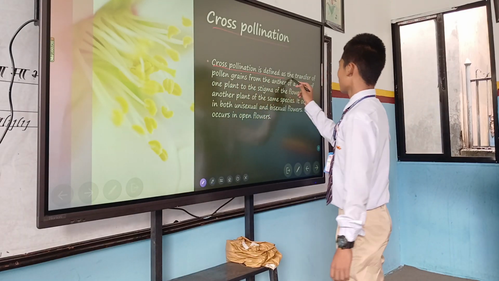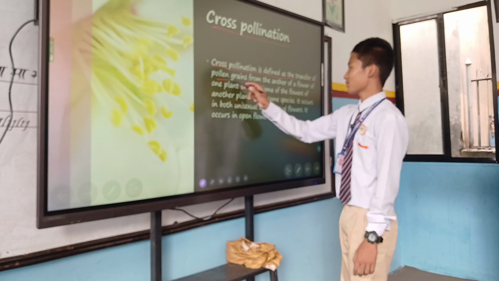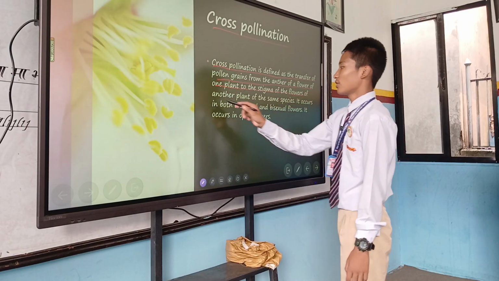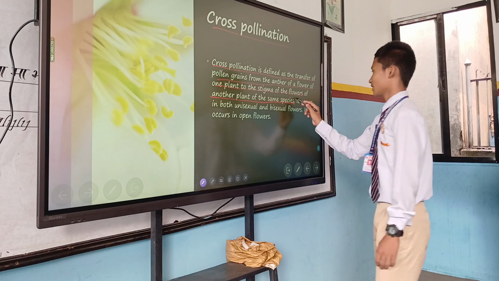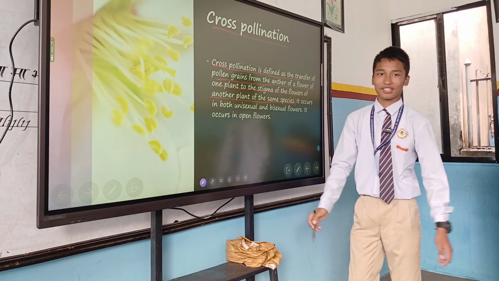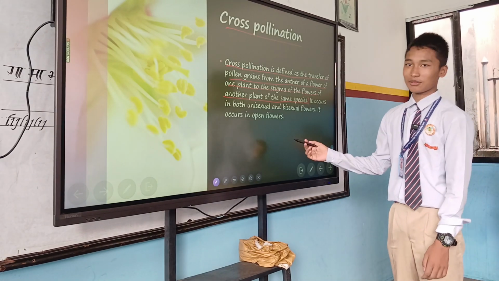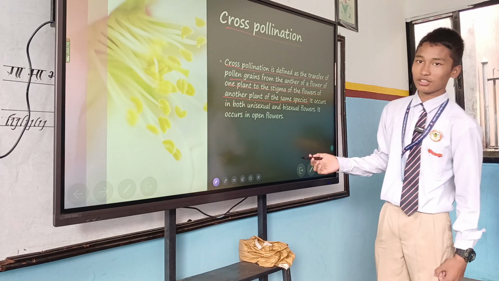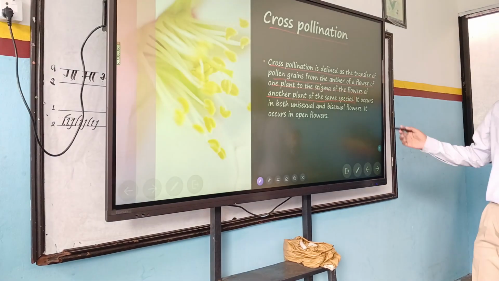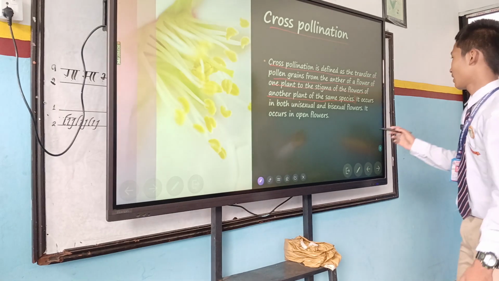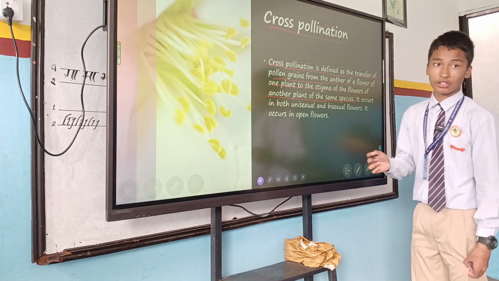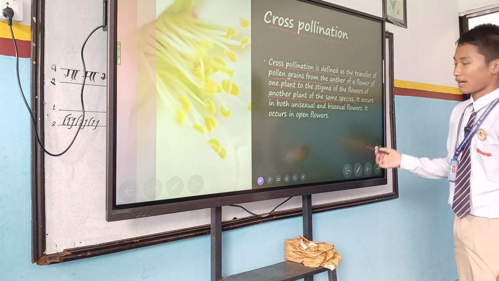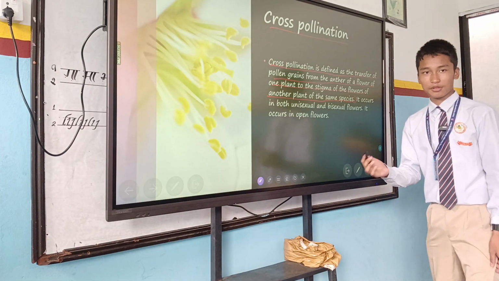Cross pollination is defined as the transfer of pollen grains from the anther of a flower of one plant to the stigma of a flower of another plant of the same species. It means normal pollination, but instead of transferring the pollen grains from the anther to the same flower, it transfers them to another plant's stigma of the same species.